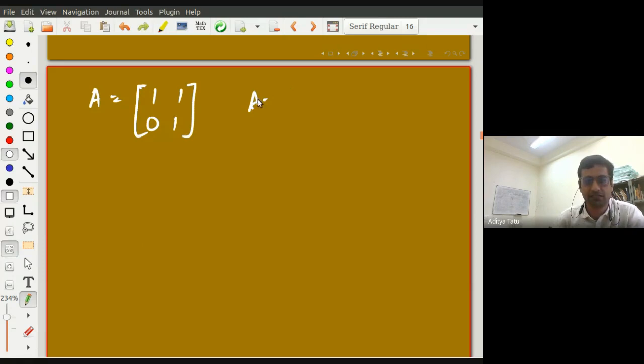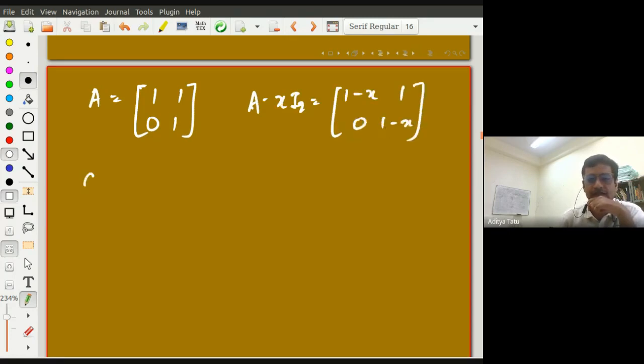Let me be consistent with my notations. This would be 1 minus x, 1, 0, 1 minus x. What is the determinant of this? 1 minus x squared. So what are the eigenvalues?